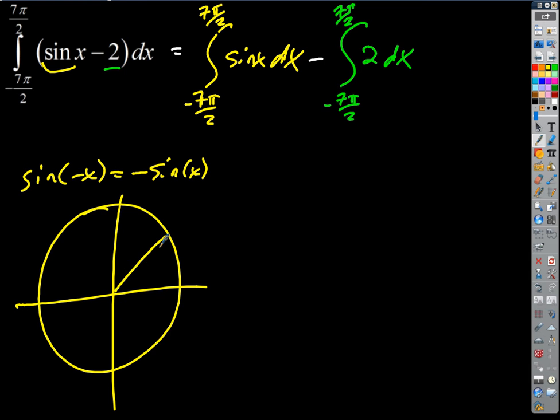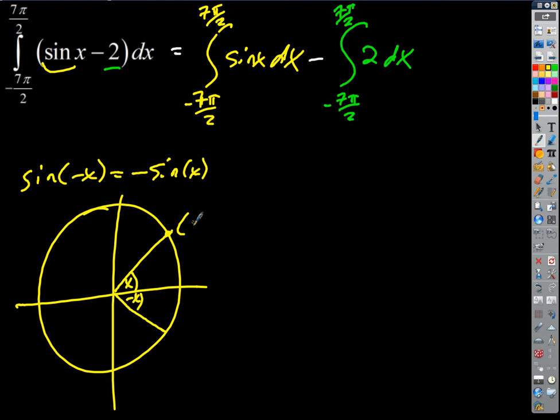So if I go forward some angle x, and I'm at that point right there, right? Well, what if I go down negative x, right? So if I'm taking a sine of negative x, I'm just going backwards x from the starting point. Notice that the y values are opposites, aren't they? At this point right here, what are the coordinates?